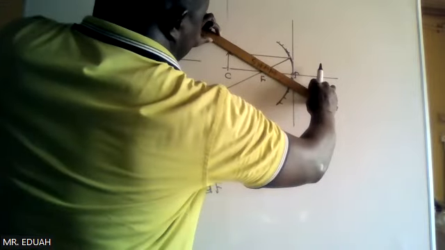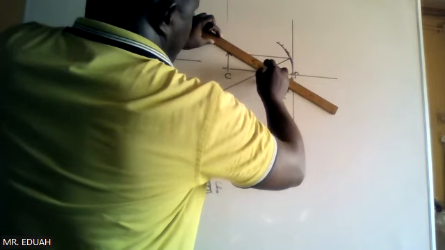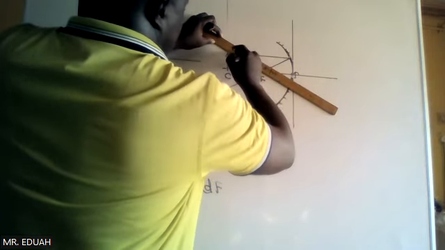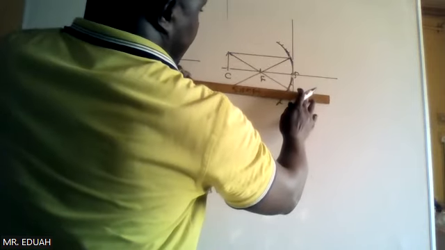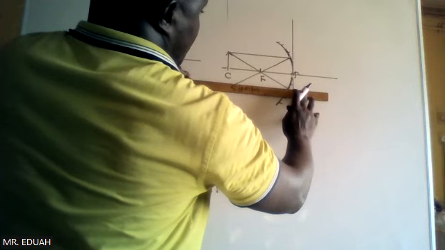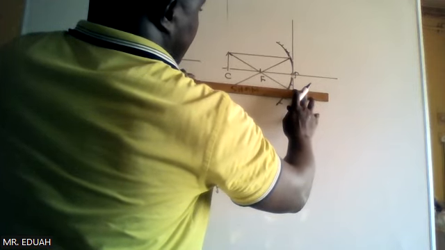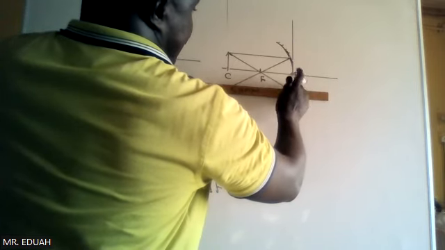A ray of light through F: the reflected ray would have to be parallel to the principal axis.